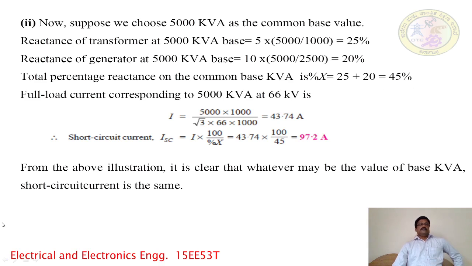Again we calculate the full load current corresponding to 5000 kVA at the 66 kV transmission line. The load current I equals P divided by root 3 V, where V is the transmission line voltage and P is the base kVA of the system.